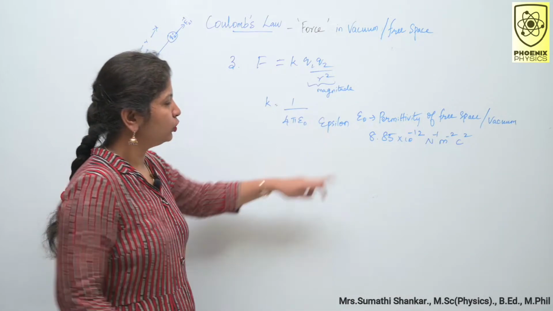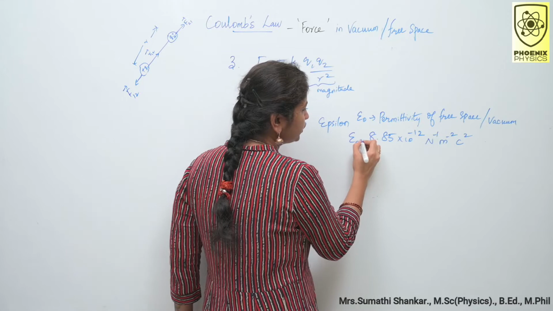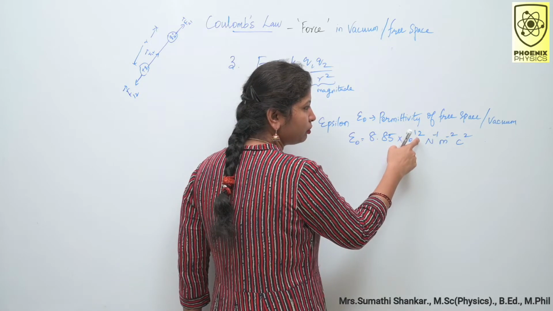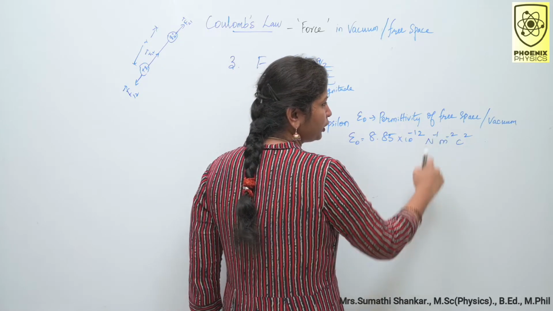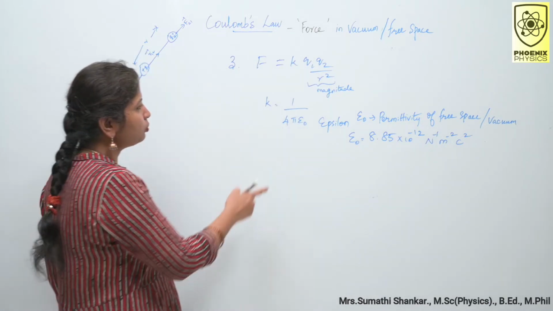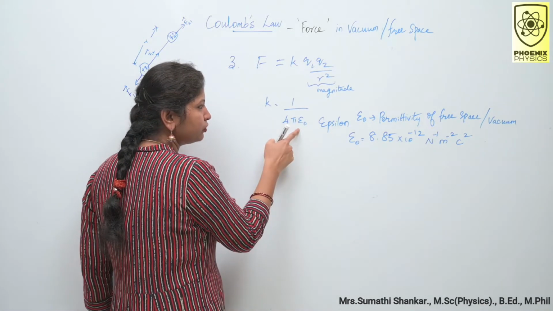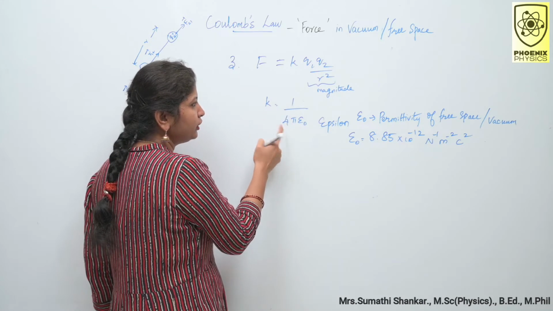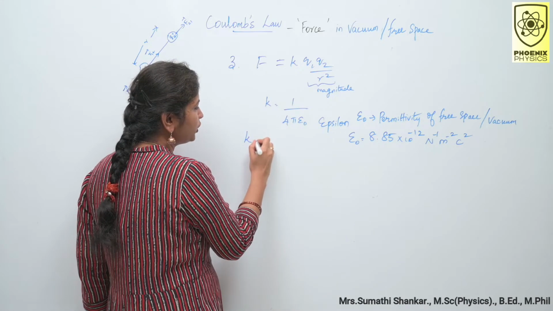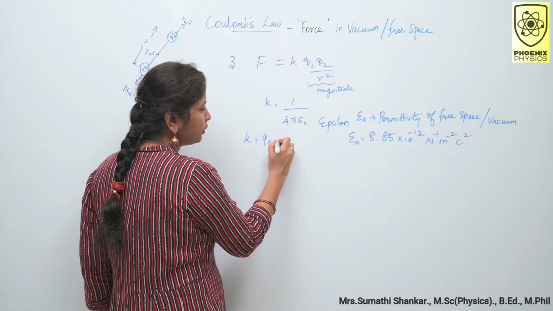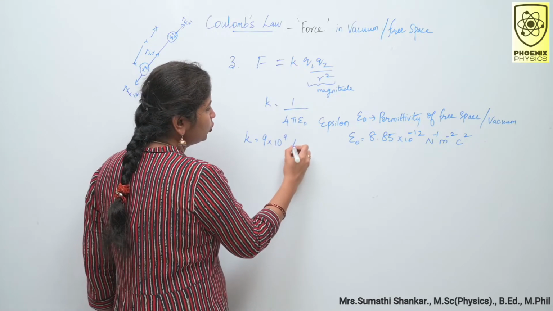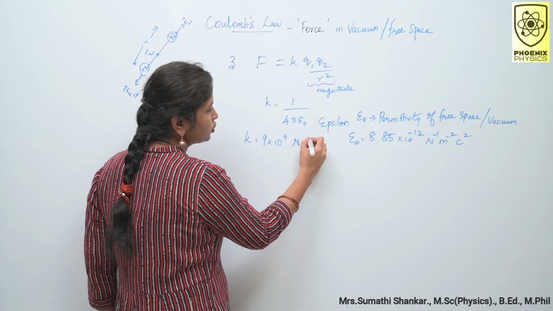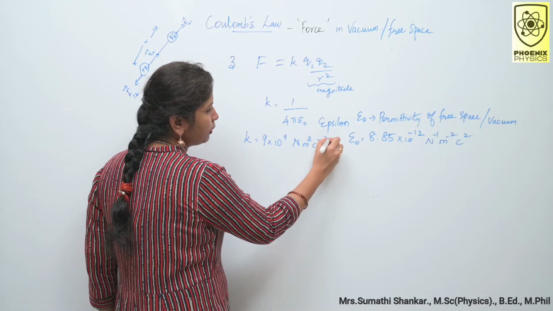So epsilon naught value is 8.85 into 10 to the power of minus 12 Newton minus 1 meter minus 2 Coulomb square. If you substitute this value, and you know the pi value 3.14, just divide the value and you get the K value as 9 into 10 to the power of 9 Newton meter square Coulomb power minus 2.